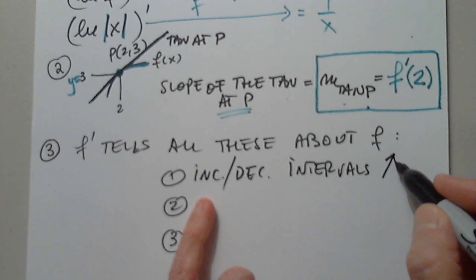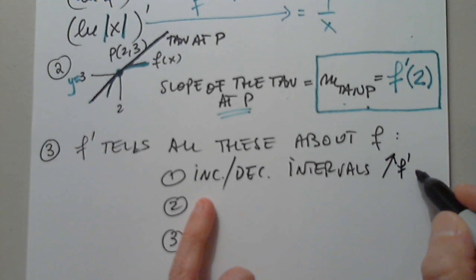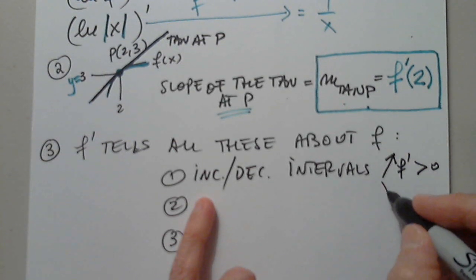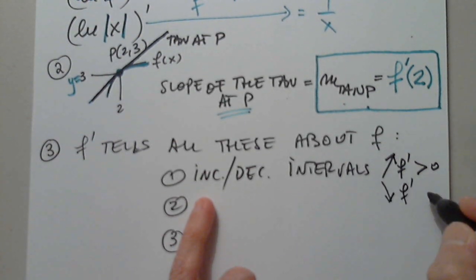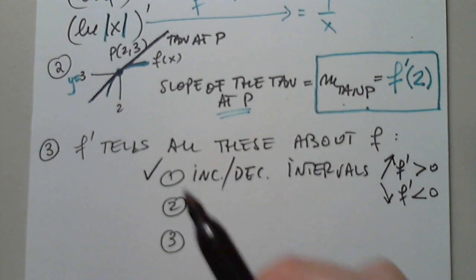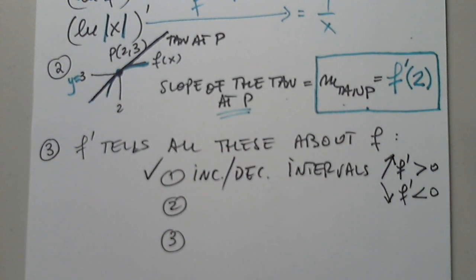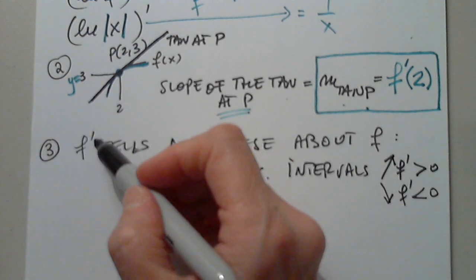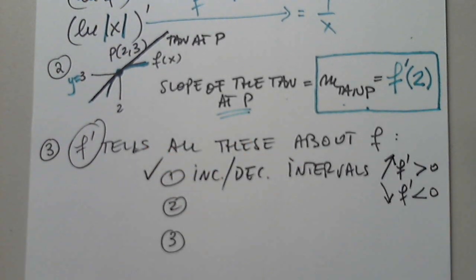So the function is increasing when f prime is greater than 0. Excellent. The function is decreasing when f prime is less than 0. That's number 1. Awesome. Great job. What else? What else do we learn from f prime about f?